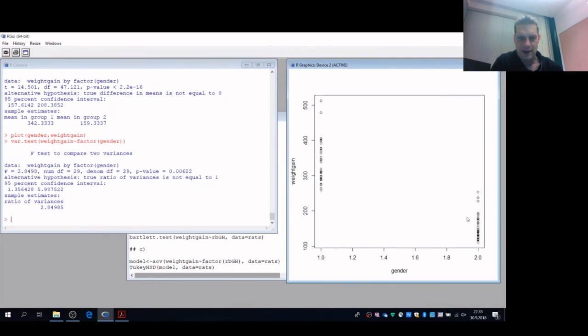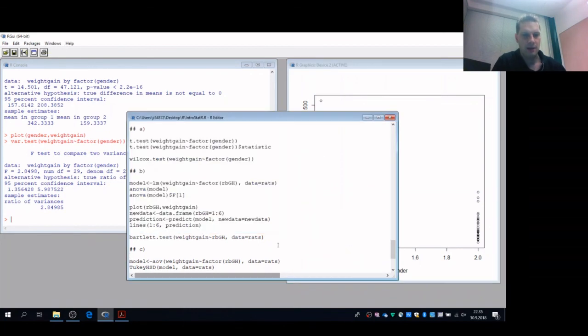So this variance is less than here, so that's why the null hypothesis of subpopulation variance being the same is rejected, and that's why it also makes sense to use the Welch t-test to test the difference.